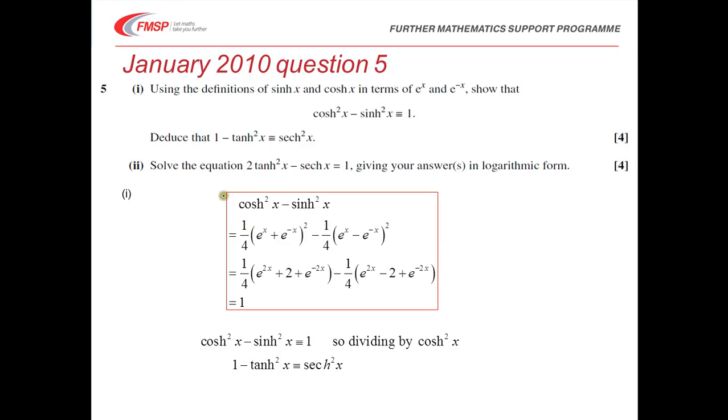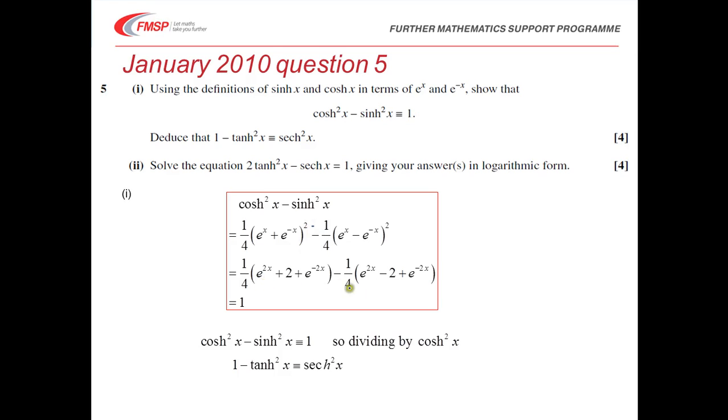So I have put the method for proving the identity in this little red box. We substitute in for cosh and sinh and square them. So squaring out the brackets we get this result. And then if we collect all the like terms, hopefully you can see that the e to the 2x in each case is going to disappear.